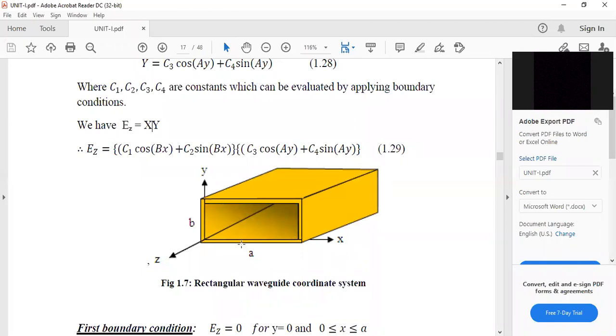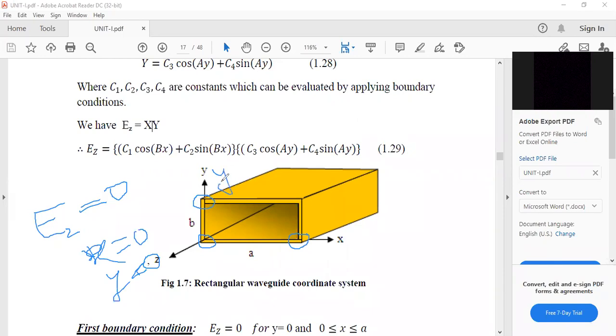Here this Ez component is 0 at the walls of x and y. That means at x equal to 0 and y equal to 0, Ez is 0, and at y equal to b, and at x equal to a, Ez is also 0.